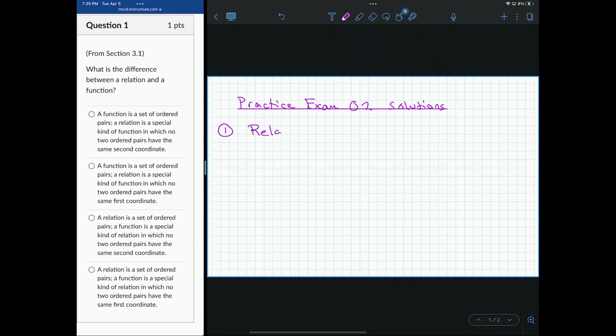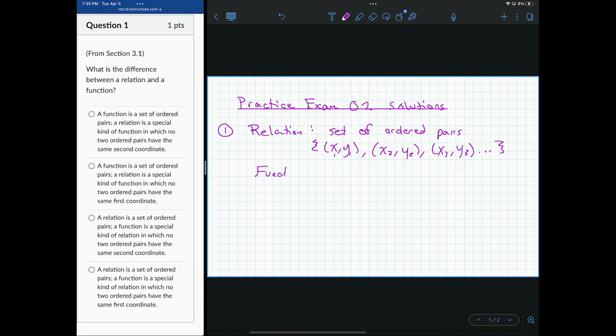So, a relation is a set of ordered pairs, and there's no restriction on those pairs. It's a set with an x and a y, x1, y1, and then another x and y, and then another x and y, etc. And there's no restrictions on anything.